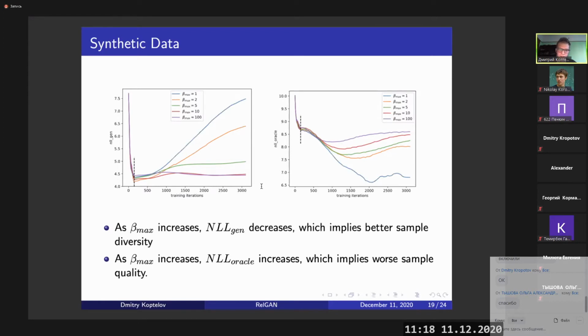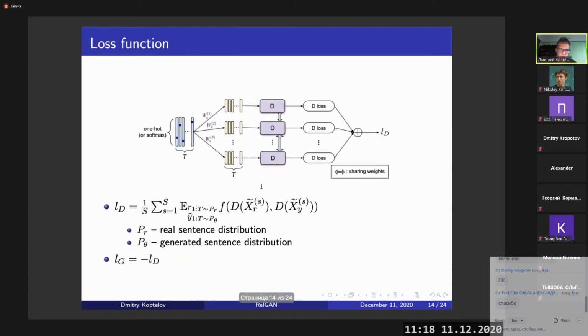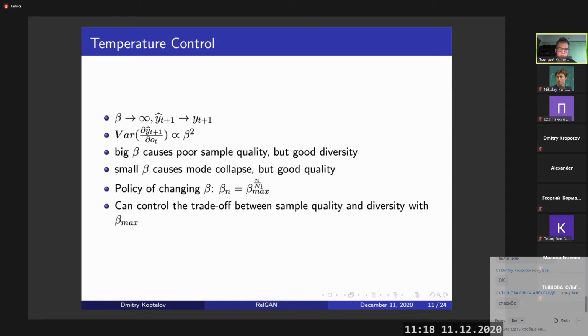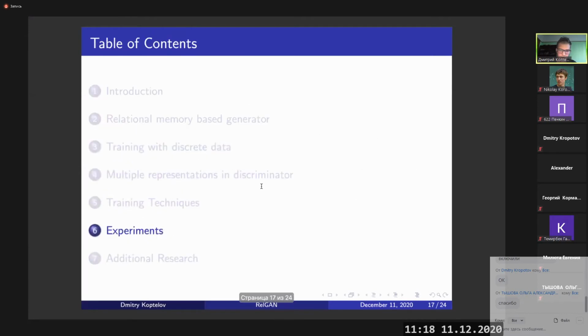And if beta max decreases, we get better sample quality. And this absolutely corresponds to our intuition, where we said that big beta causes good diversity and small beta causes good quality. We showed this in the experiment.